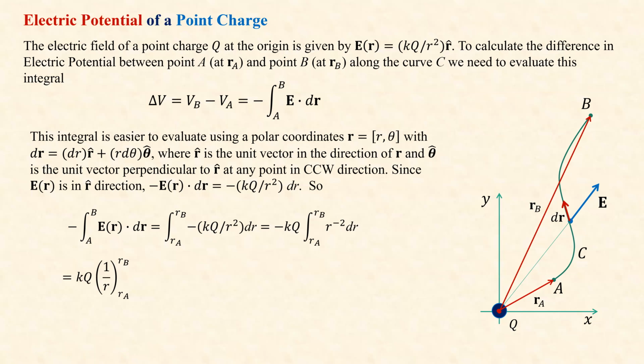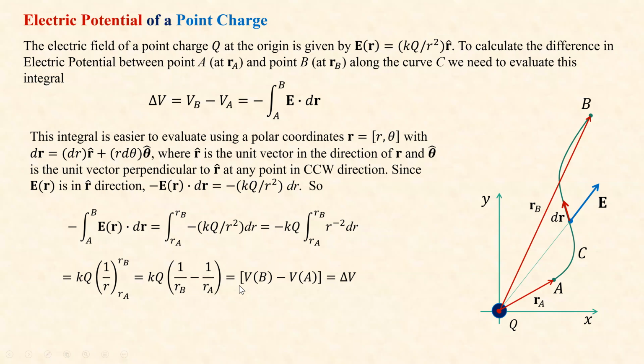So this becomes R to the negative 1 divided by negative 1, which eliminates this negative, and becomes KQ over R, but then you have to put the R of point A and R of point B. So it becomes like that, KQ times 1 over RB minus 1 over RA, right? This is the way we do the integral. And then we can write this as V at point B minus V at point A, right? Or we call it delta V.